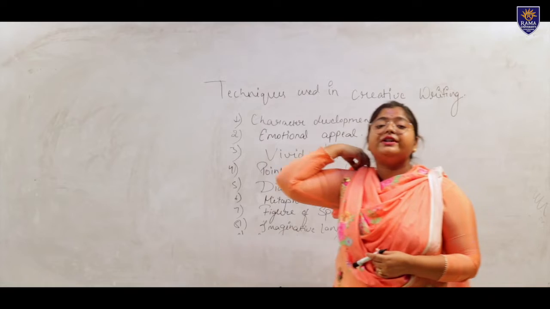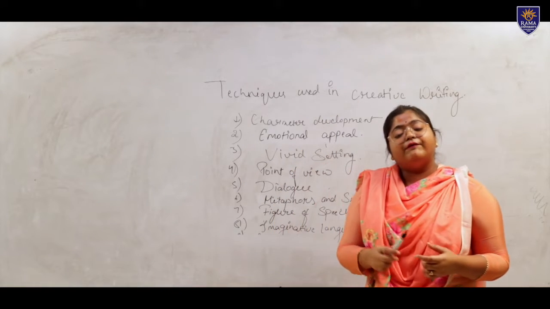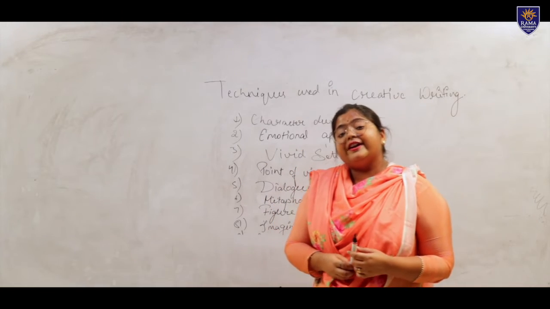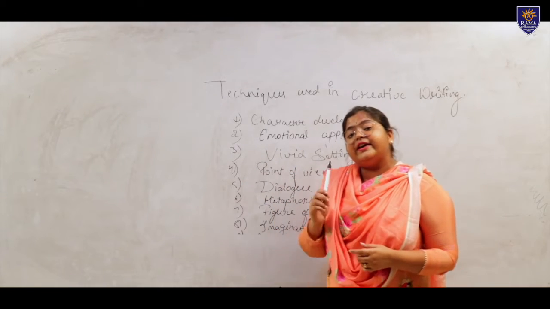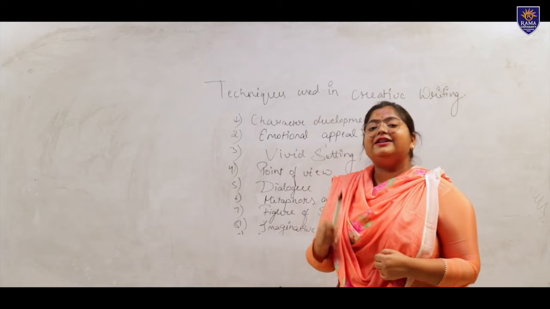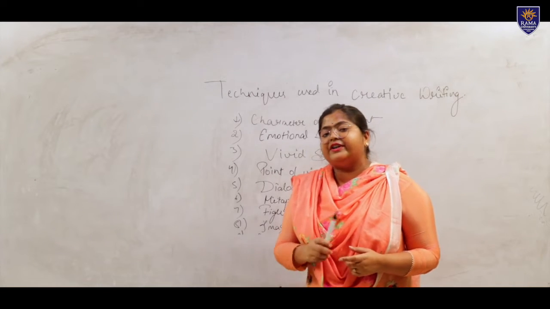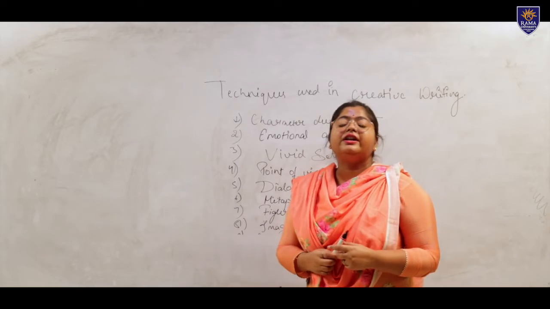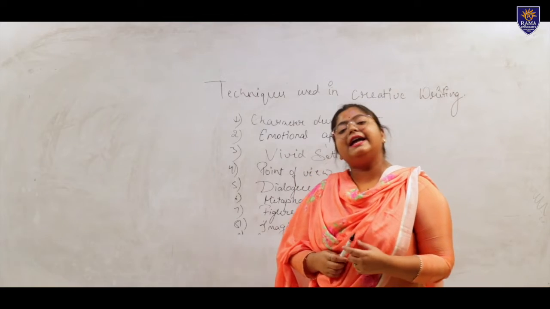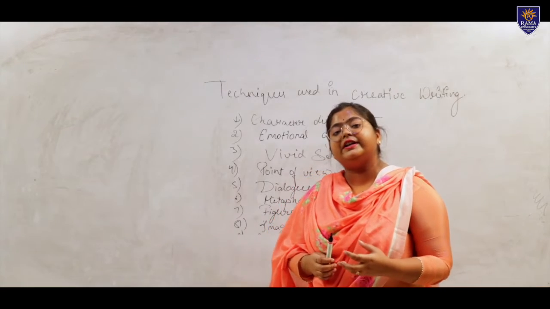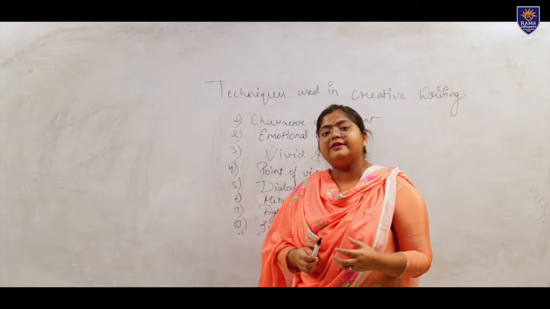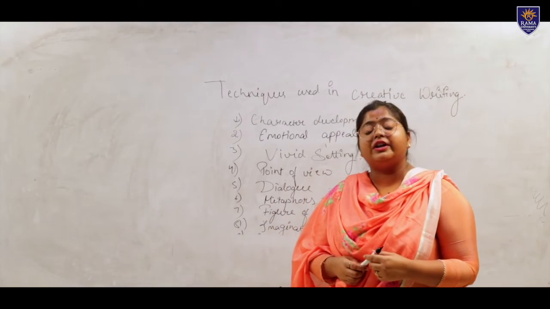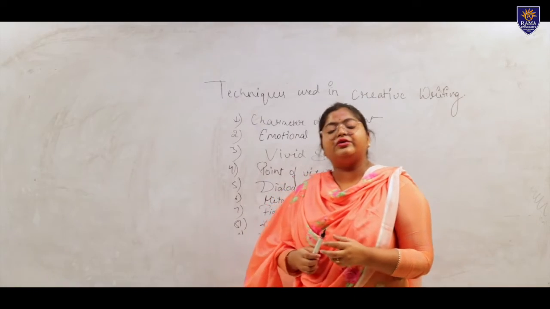Now, the second point is emotional appeal. What is emotional appeal? Emotional appeal is a very strong and useful element of every story. It is directly connected to the audience, because with the help of emotional appeal you compel your audience to watch or read that particular story.